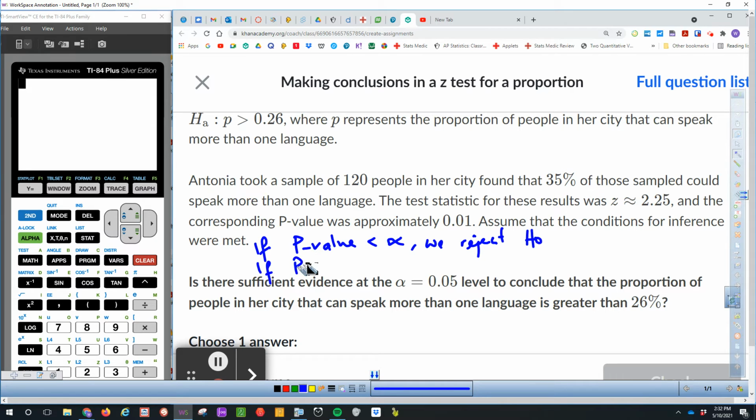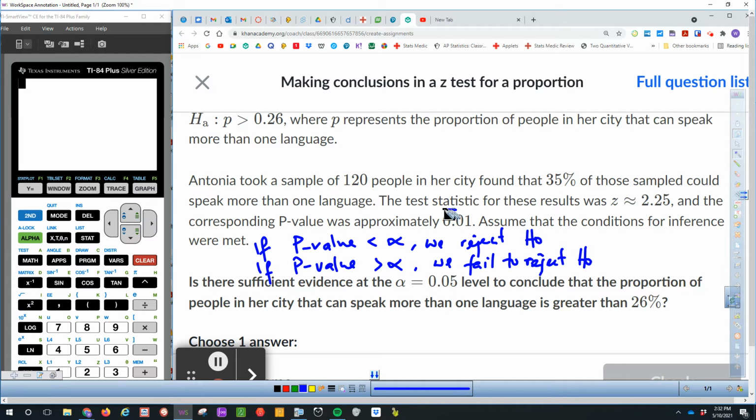If the p-value is greater than alpha, we fail to reject, right? We fail to reject H naught.